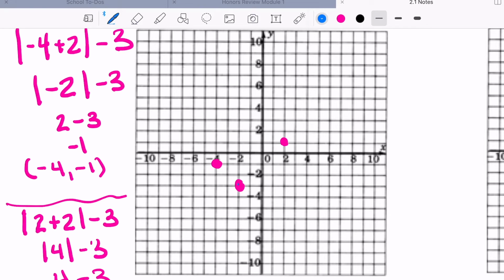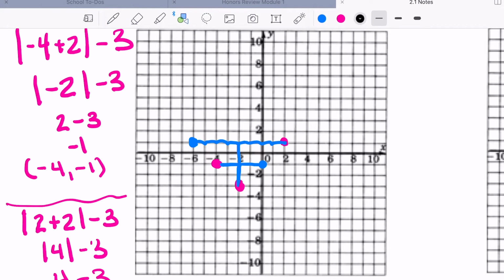From the vertex, you can see I go up 2 and over 2 to the left. Well, I'm going to do the same thing to the right side. There's the reflection, that point of symmetry. For my second point, we go up 4 and over 4, in the opposite direction. All I did was create reflections of my points.